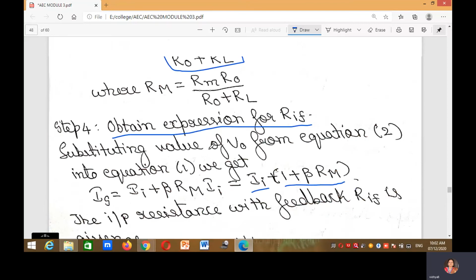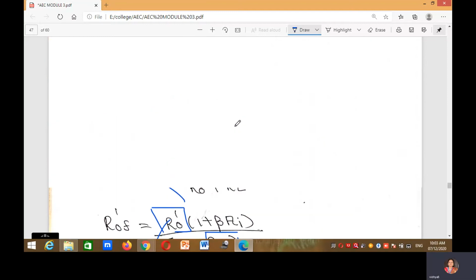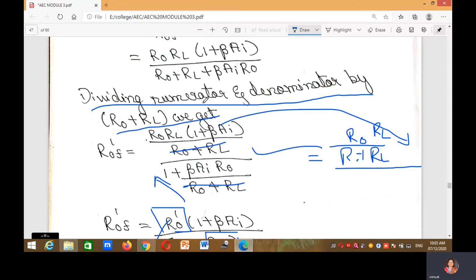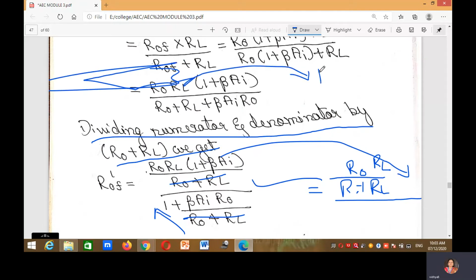To find the output resistance, you can observe here, dividing numerator and denominator by R naught plus RL, the R naught plus RL gets cancelled.